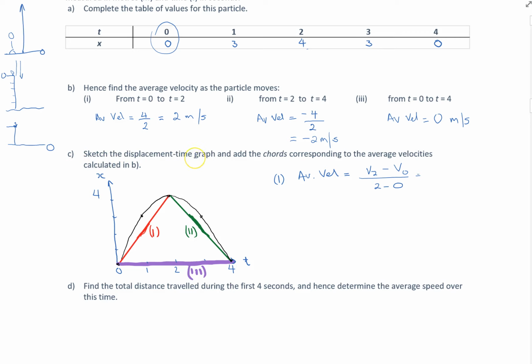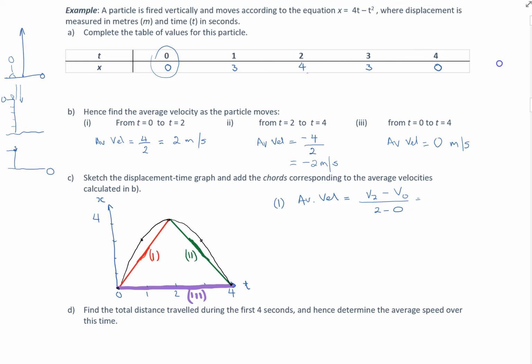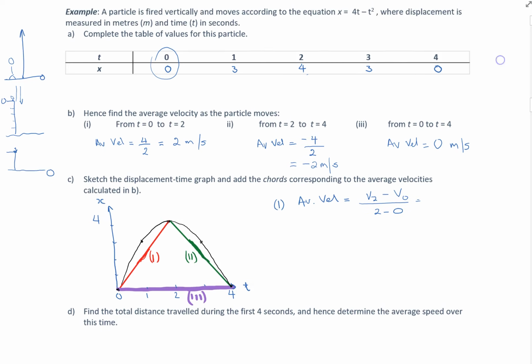The displacement time function is actually x, displacement, is equal to 4t minus t squared. Now, without the table of values, let's just have a think about that. We can see that that is a quadratic.